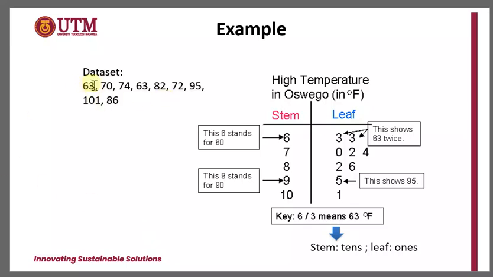You have this raw data, which consists of 9 numbers. The numbers are discrete because there are no points between them. So we have to make two columns like this, stem and leaf.